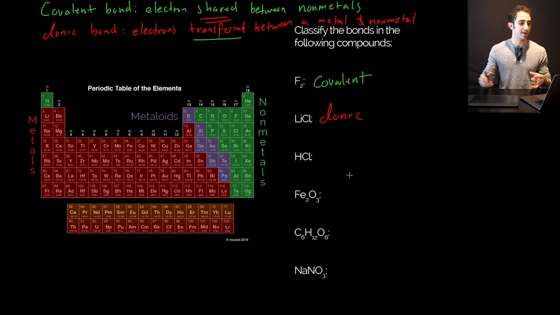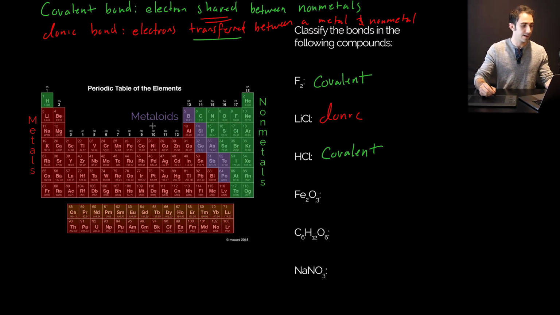HCl, or hydrochloric acid, even though hydrogen is way over here on the periodic table, is definitely a nonmetal. And chlorine is also a nonmetal. And so this is actually going to be a covalent compound. Now, Fe2O3 is something that we just saw and just made that particular ionic compound formula.